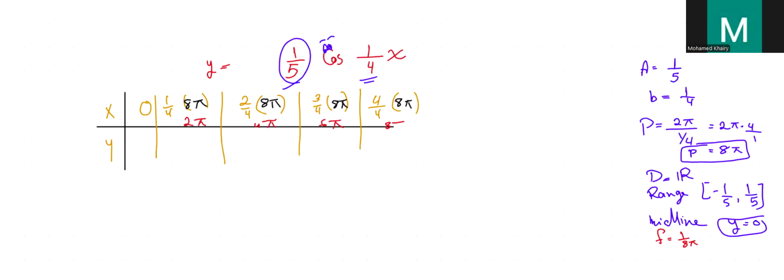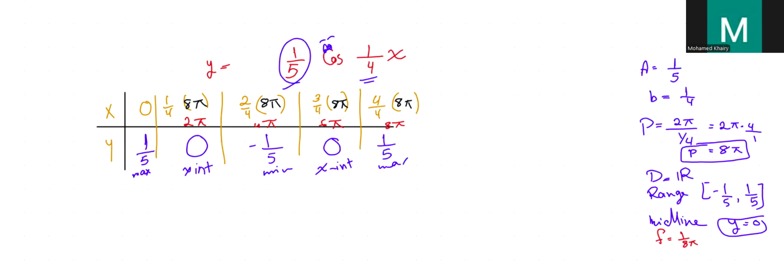This is cosine. Cosine starts with maximum. What is maximum here? It's 1 over 5, which is here maximum. Right after this, we had 0, which is x-intercept. After this, we had negative 1 over 5, which is minimum. After this, I have 0, which is x-intercept. After this, I have 1 over 5, which is maximum.